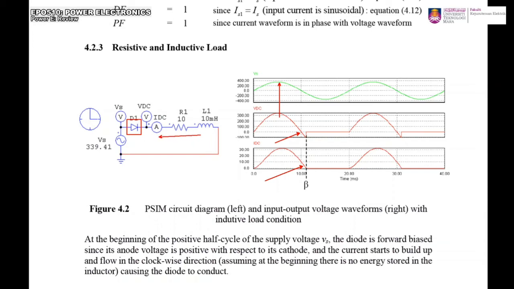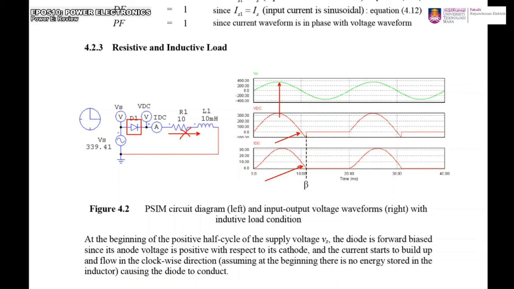The current is still flowing in that direction because you have the stored energy in your inductor. Therefore, it causes the diode to stay on. It will remain turned on until this current is 0.